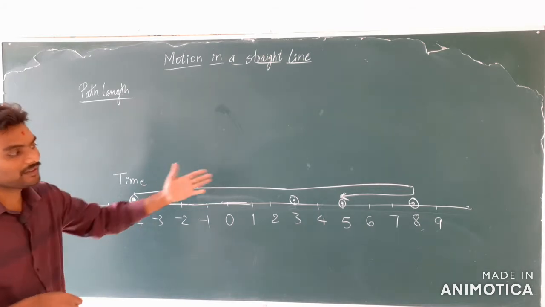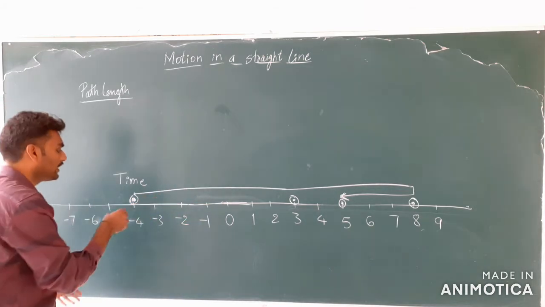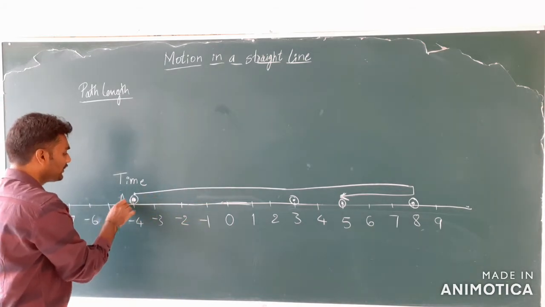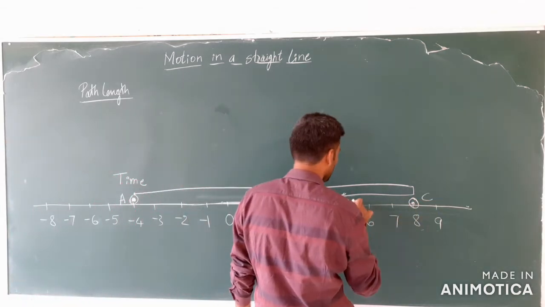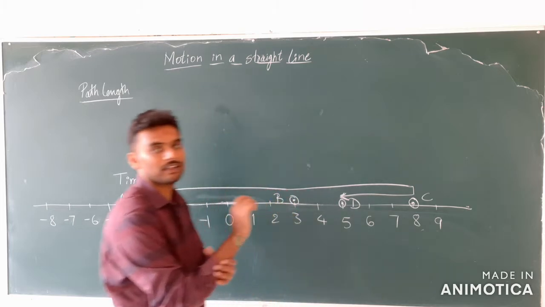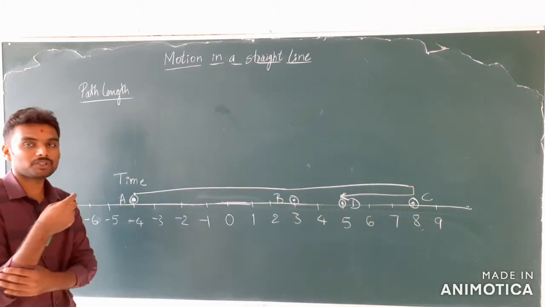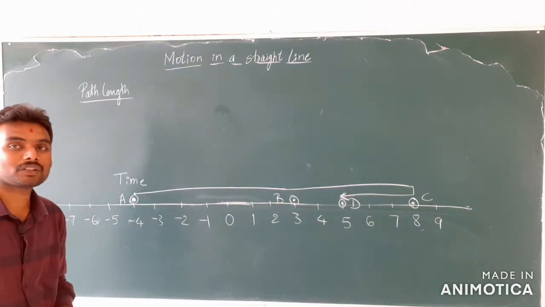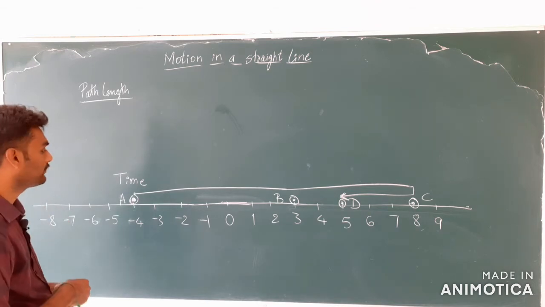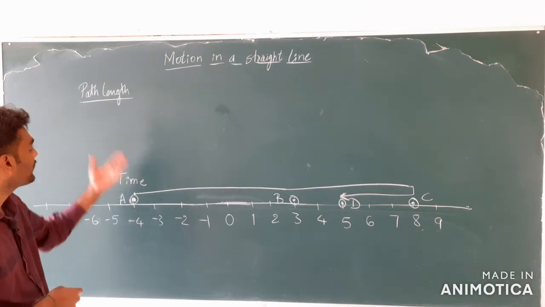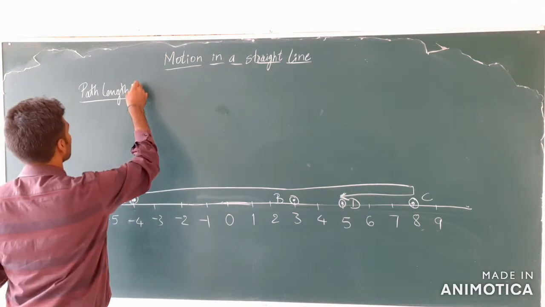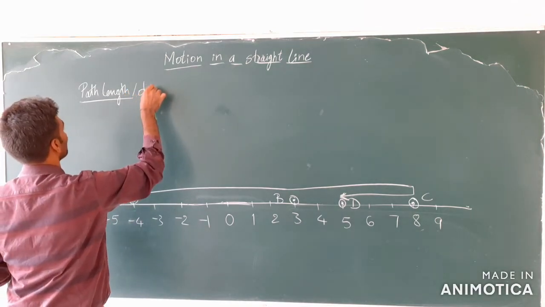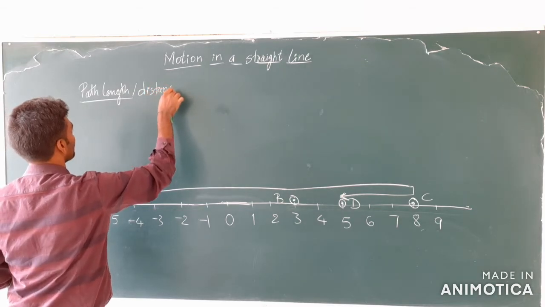Before that, I will name the positions: the first position as A, second position as B, third position as C, and final position as D. Now for this particular motion, if I ask what is the total length traveled by the body, or length of the path traveled by the body, that itself is path length, which is also called distance.